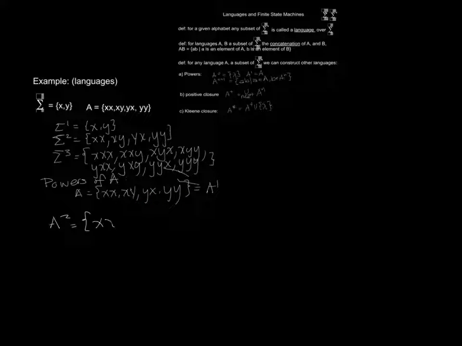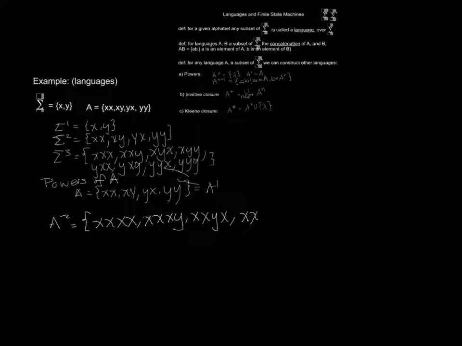So we have xx from A, xx from A1, xx from A, xy from A1, xx from A, and yx from A1, xx from A, and yy from A1.